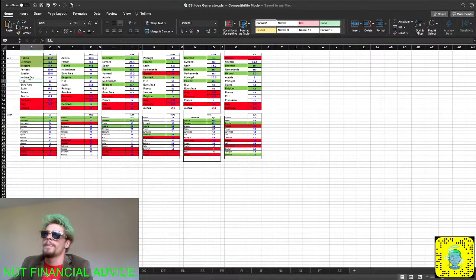So we see that the European Union and the Euro area are in the middle, whereas Finland, Denmark, and Belgium have had more growth in their economic sentiment indicator that month.